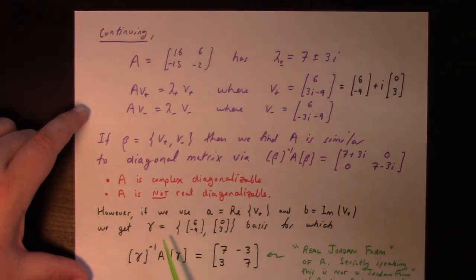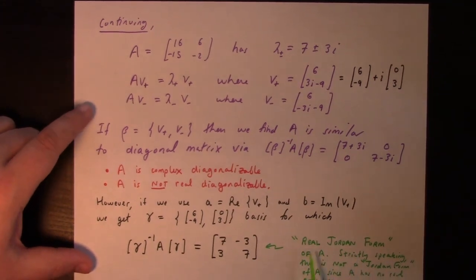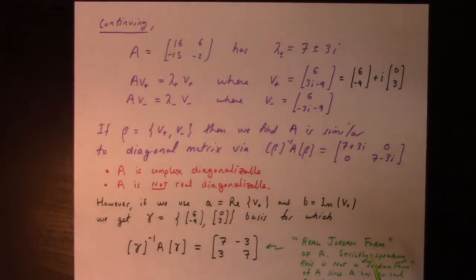This particular basis, which I call the real Jordan basis in the notes, will form, by similarity transformation, a matrix that converts A into this: 7, minus 3, 3, 7. This right here is one of the fundamental building blocks for the real Jordan form. So, the real Jordan form of A. Strictly speaking, this is not a Jordan form since A has no real eigenvalues, but this is what I call, quote unquote, the real Jordan form.